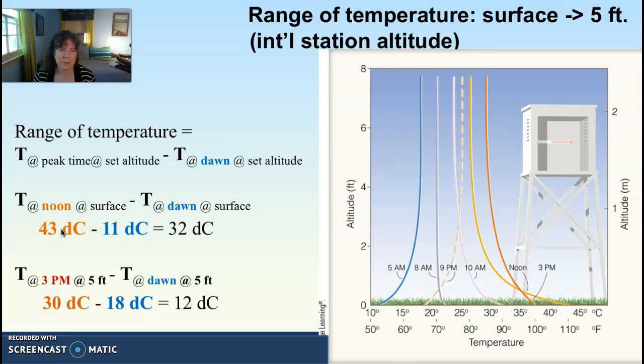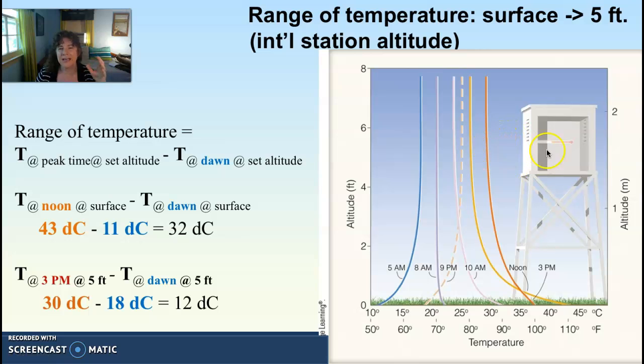Those lowest temperatures at the surface happened at dawn. We were right around 11 degrees Celsius there. We've got a broad range of temperature daily of about 32 degrees Celsius between highest temperature and lowest temperature at dawn. Wide range there.